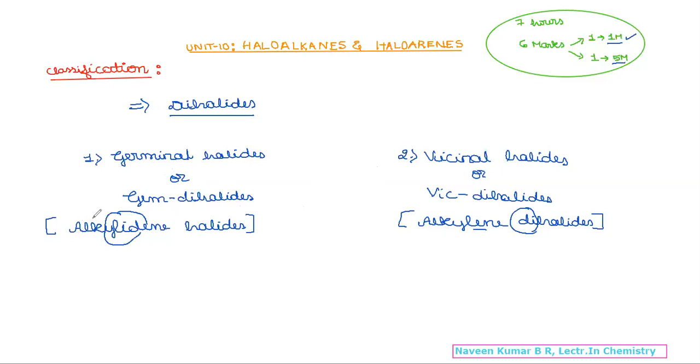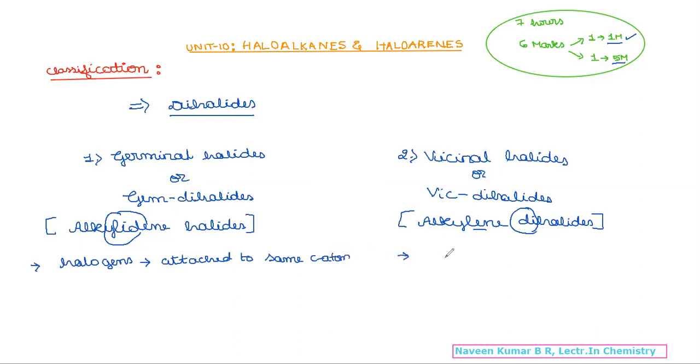Now we'll take a simple example to understand what is germinal and vicinal. Germinal halides or gem dihalides are those in which the two halogen atoms are attached to the same carbon atom.